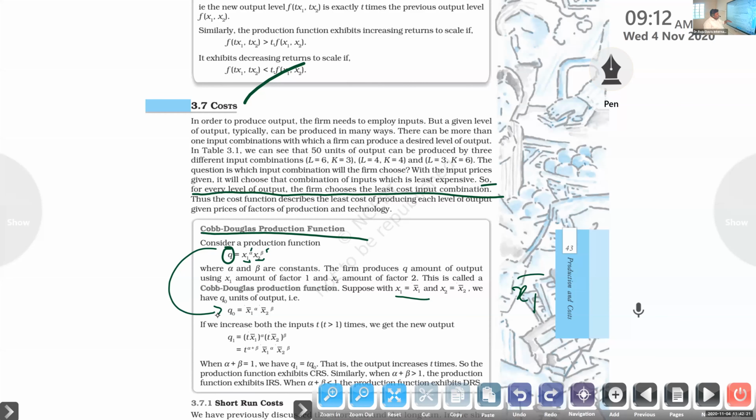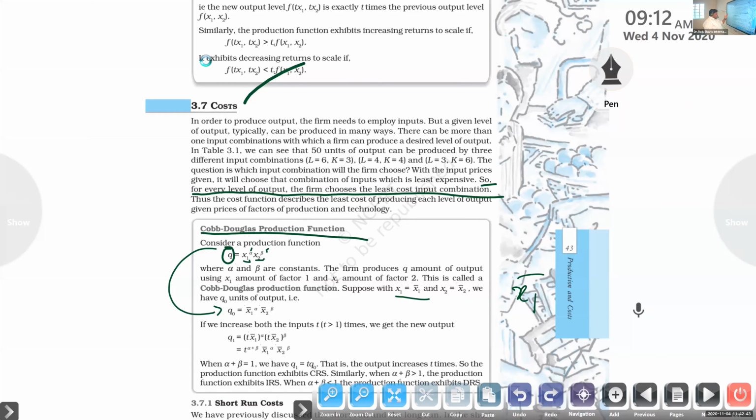If we increase both the inputs t times, where t is greater than 1, we use this equation in relation with CRS, IRS and DRS.